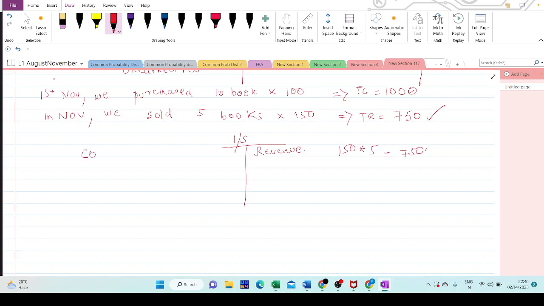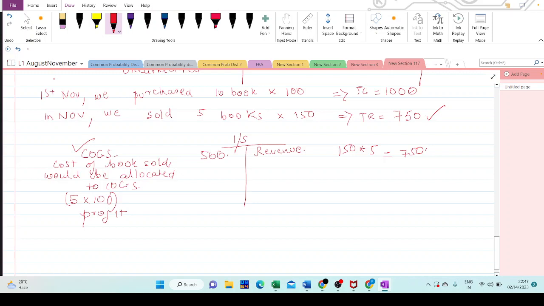And the cost of the books sold would be allocated to cost of goods sold. So cost of the sold books is 5 into 100. So we'll recognize a cost of goods sold of 500. My profit would be 750 minus 500, 250.